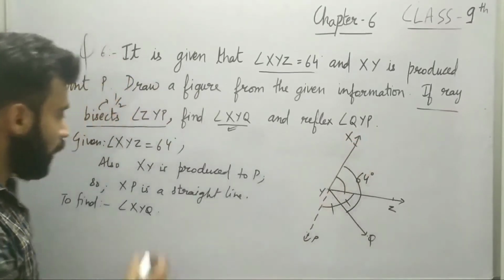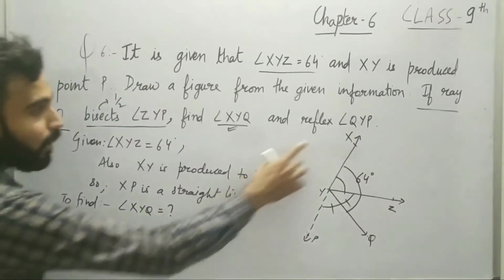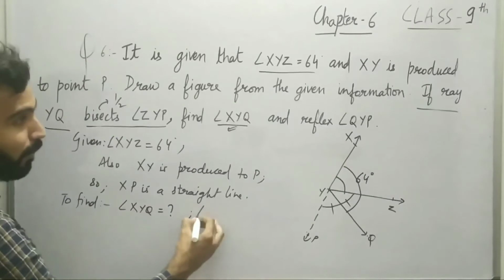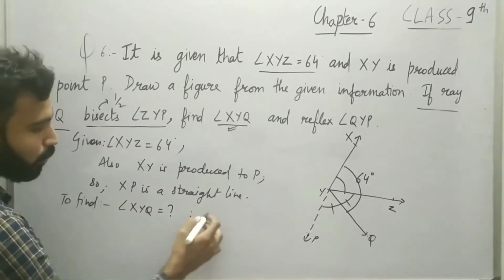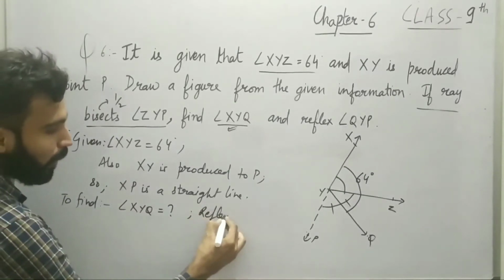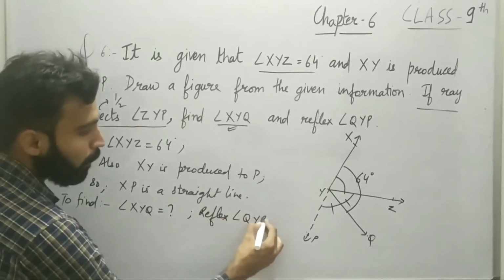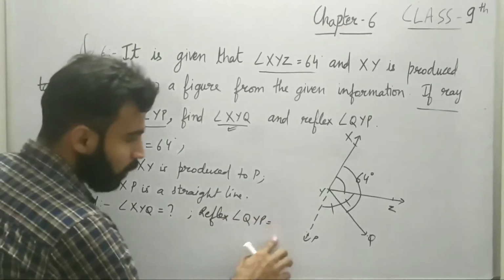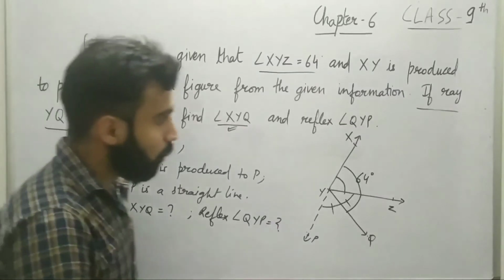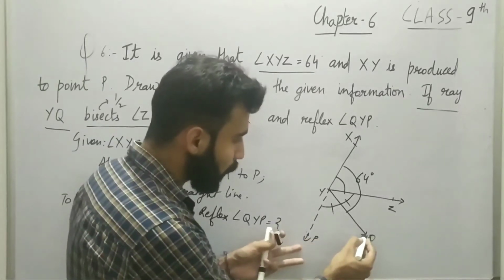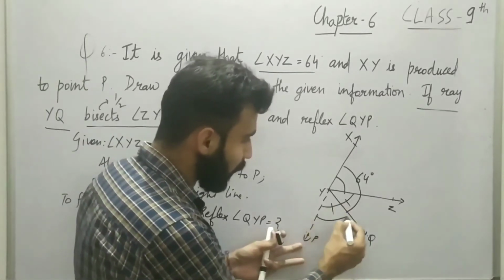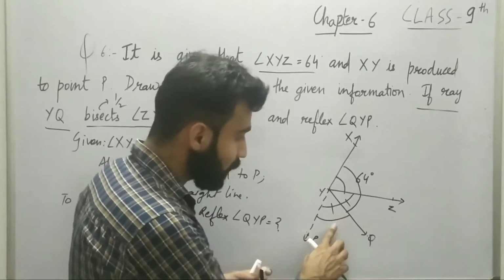Also another angle that we have to find out, and that is reflex angle QYP. So reflex, let me just write reflex here. Reflex angle QYP. That is what we have to find out. Right? So reflex angle QYP. So where is QYP? That means this angle. Right? So this is angle QYP.